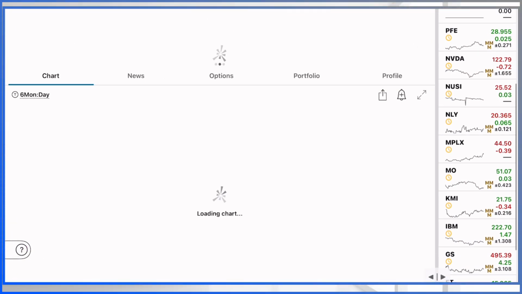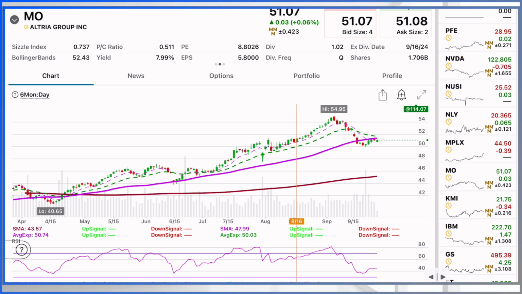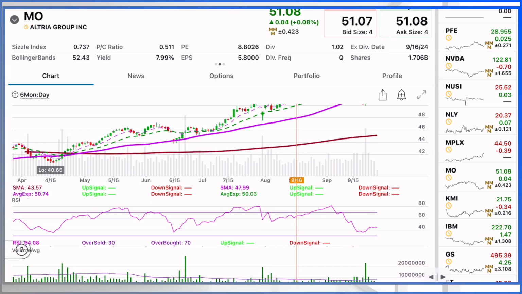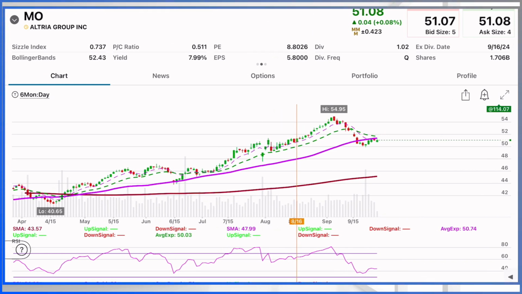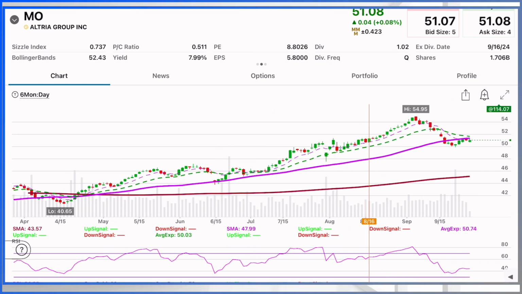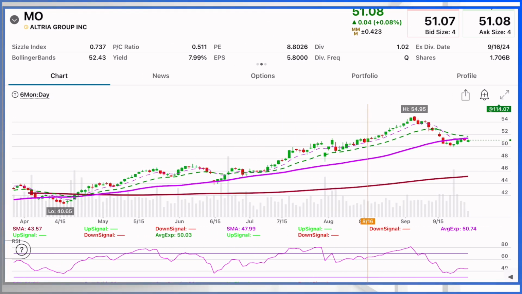Now here's one, Altria. I know this stock has everything we're looking for in terms of the metrics. It's going to have high volume. I know that. It's got a pretty good dividend.